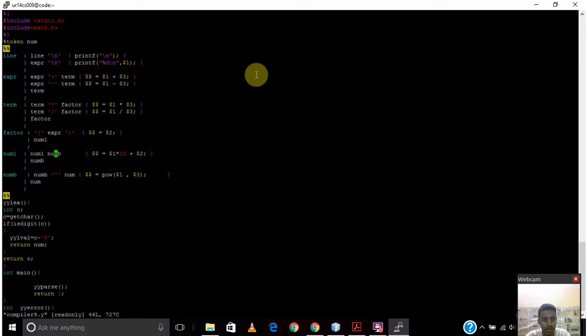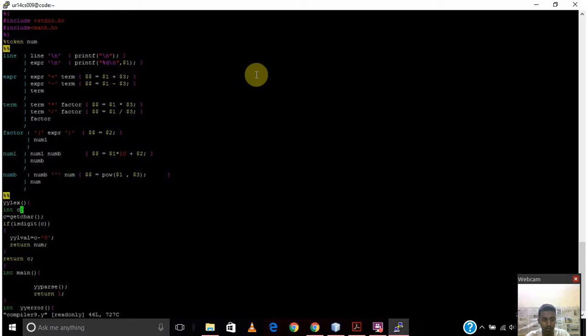So now we can see it is the code for calculating two-digit arithmetic operations, and this num rule is for calculating the exponential operations. As you can see, I'm using pow, and for this I'm using the math.h header file. As said before, $1 will be stored in num and $3 will be stored in num.